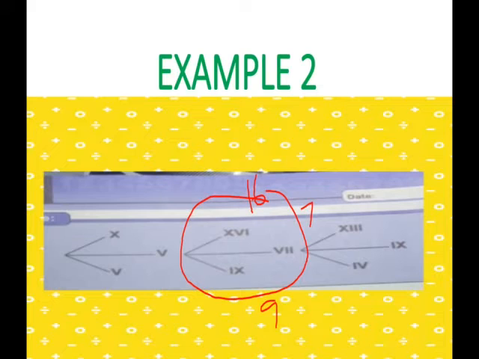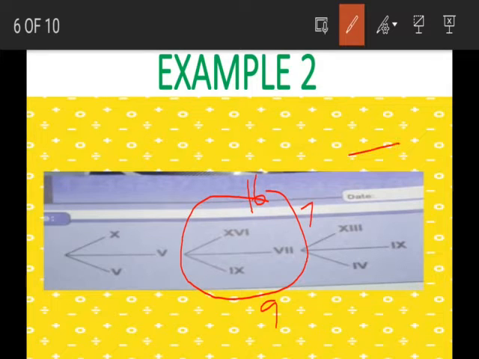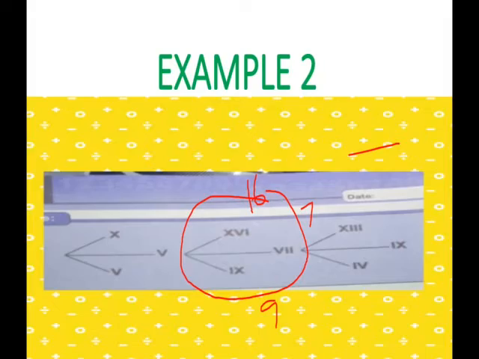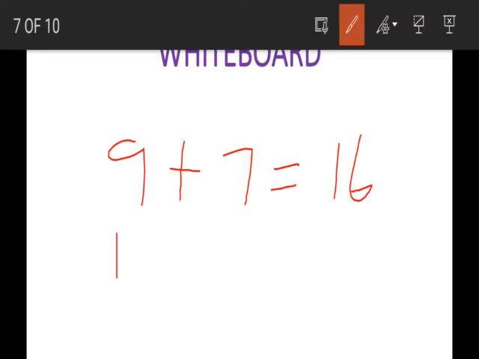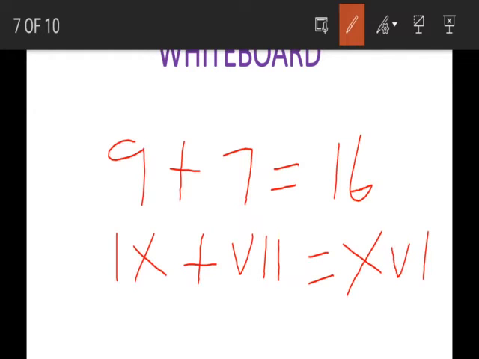In other words, that is IX plus VII equals to XVI.